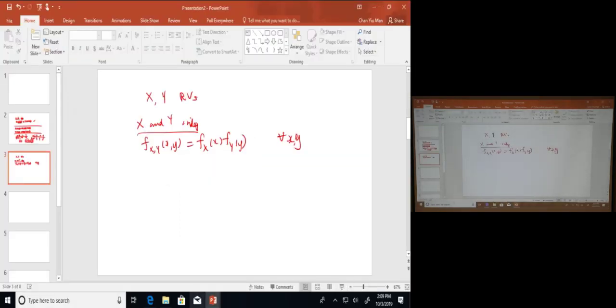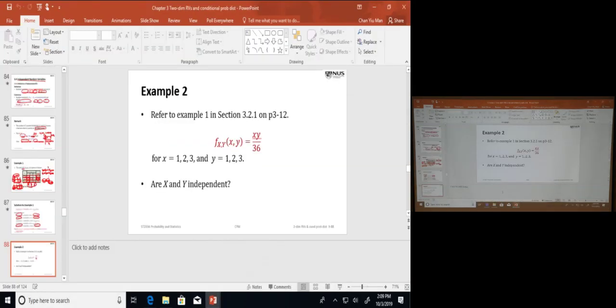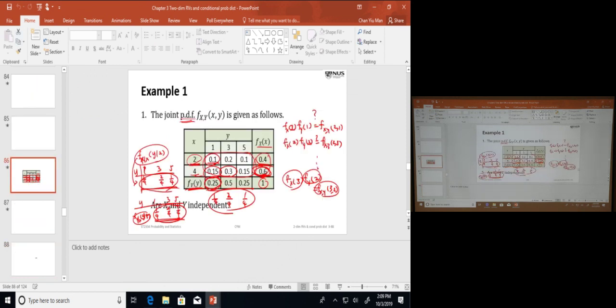In the last lecture we talked about an example. Here is an example. We are given the joint PDF of x and y, and from there we can check whether x and y are independent or not. So you can check whether the joint distribution equals the product of the two marginals for all x, y.